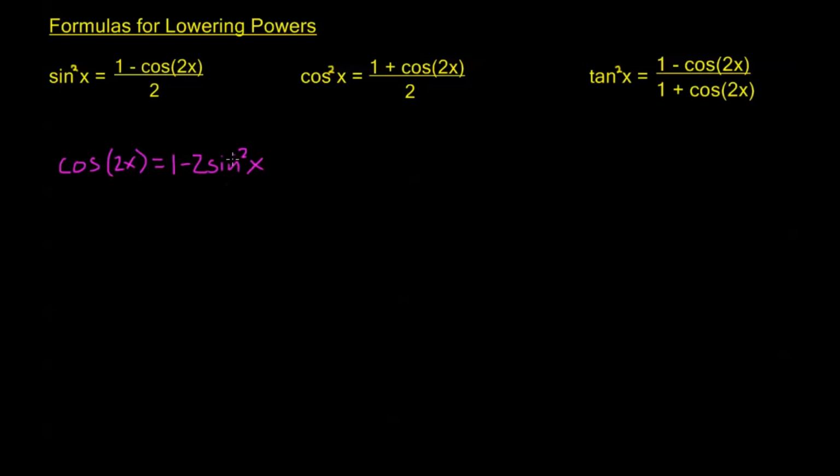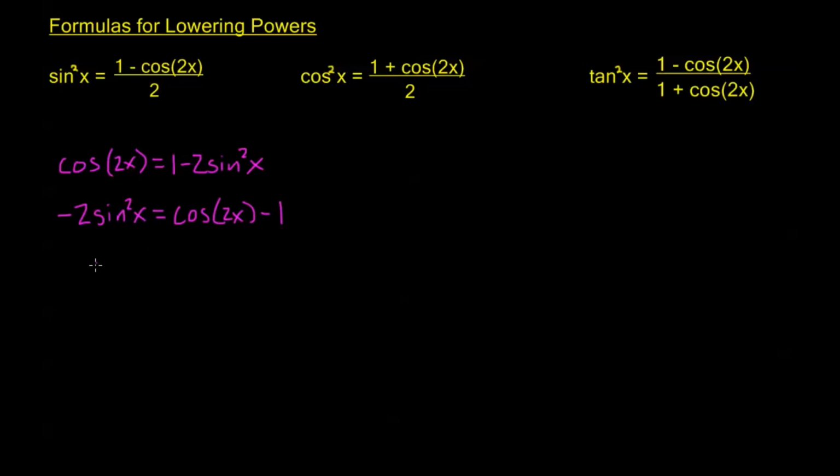So now I have a sine squared here, I have a cosine 2x, so let's try to isolate this sine squared. I'm going to subtract this 1 from both sides, and I'll go ahead and flip these sides. So I'll have negative 2 sine squared x is equal to cosine of 2x minus 1.